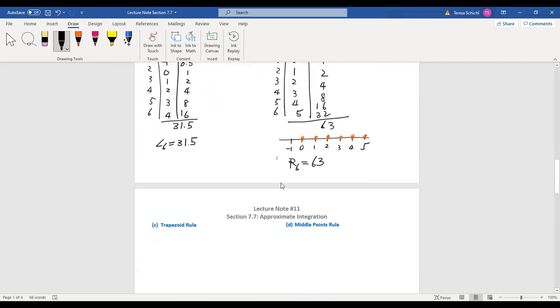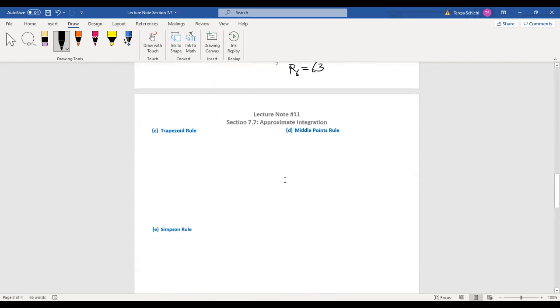Okay, now let's take a look at the midpoint approach. Let's do the midpoint first, and then we'll do the trapezoid. The i is 1, 2, 3, 4, 5, 6, then the xi, and the f of xi star.